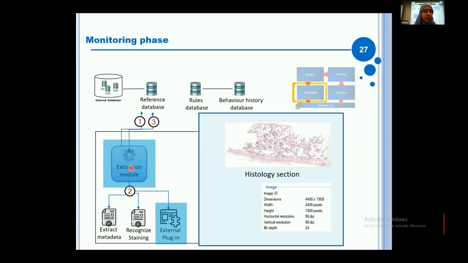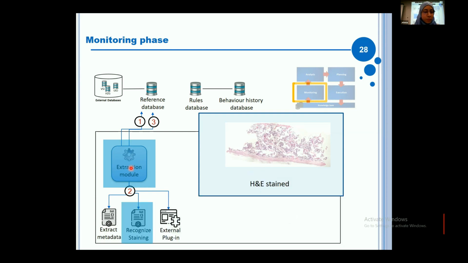In this case, an external decompression plugin is required to read the information in the header. And third, the relevant information can be concluded from the image itself, for example, the information about the staining method in the case of a histology image.